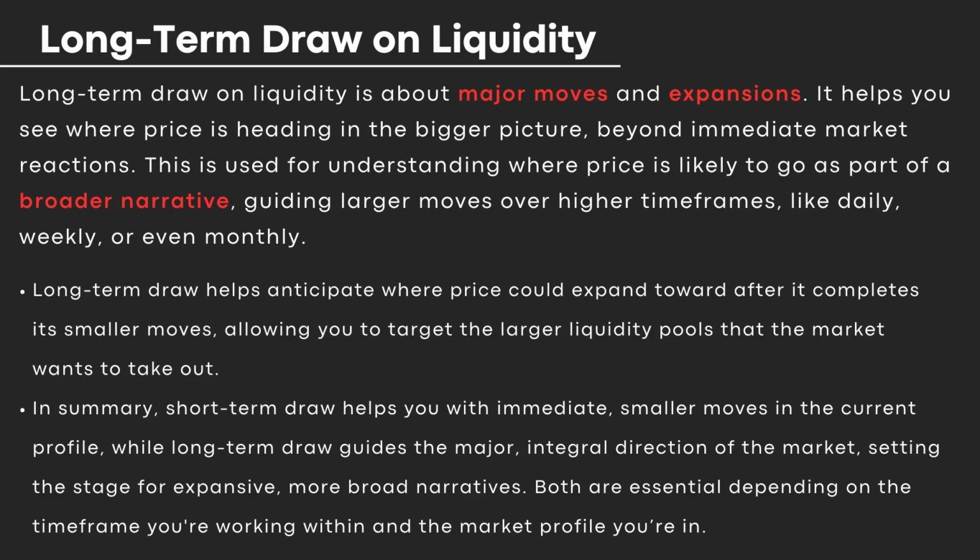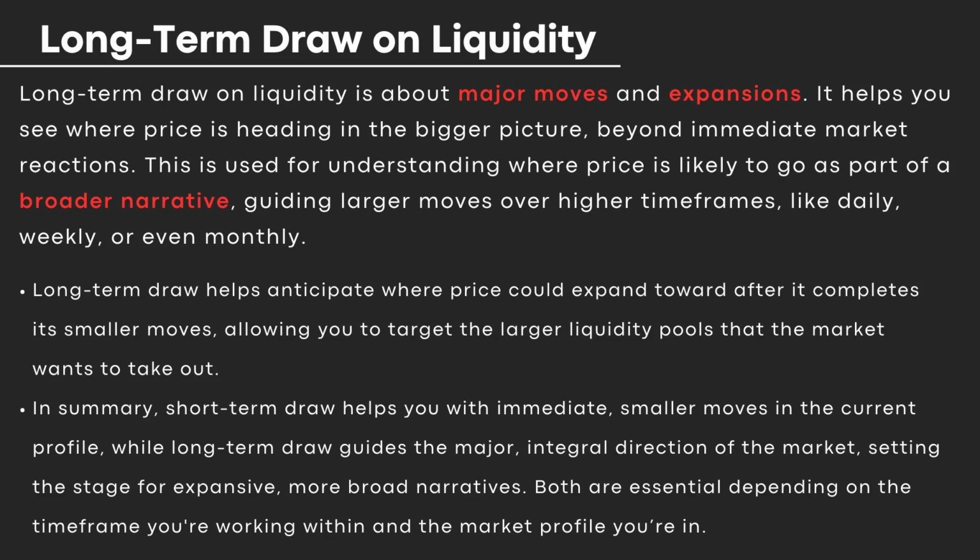It helps you determine and see where price is heading in the bigger picture when you zoom out, beyond immediate market reactions and movements, right? The reason we use this is for knowing where price is likely headed, or where it could likely go, as part of a broader narrative, right? Basically it guides us on the larger moves on the higher time frames, daily, weekly, or monthly.